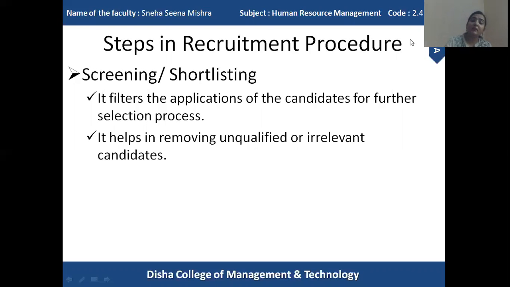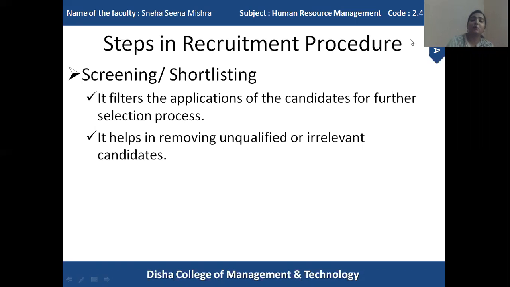They all will go to the selection process, and this will lead to delay in the process of selecting someone for a job. So screening and shortlisting filters the applications and selects those candidates who have fulfilled the criteria in terms of eligibility, experience, and educational qualification.